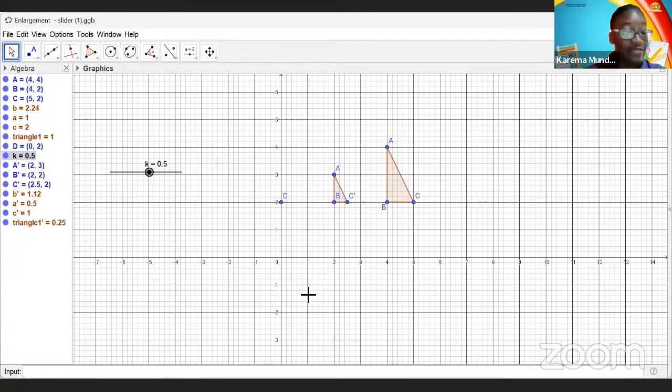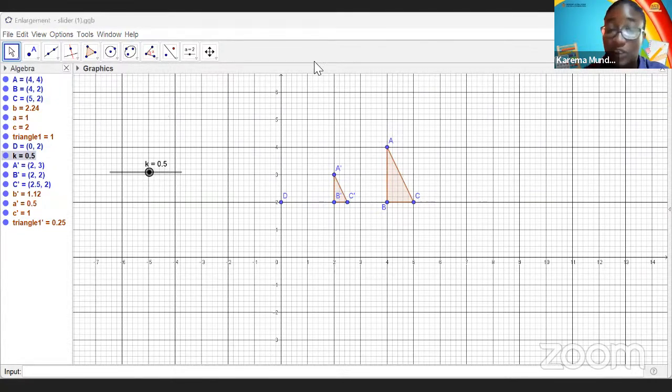Type in the chat and let me know if you are clear on what I just said. I'm sorry, Miss, can you repeat that, please? So we're saying that the scale factor gives us some important information. It actually tells us by how much the length on my image has been magnified or multiplied.